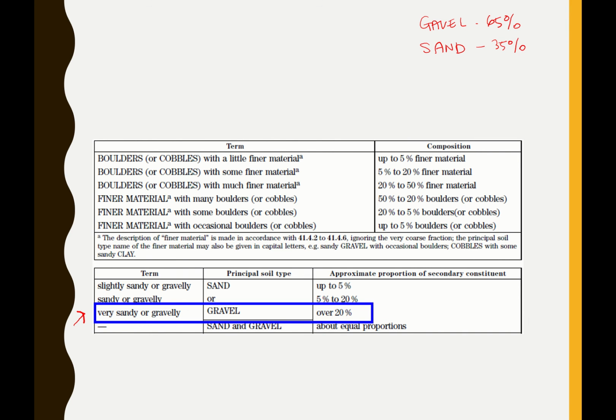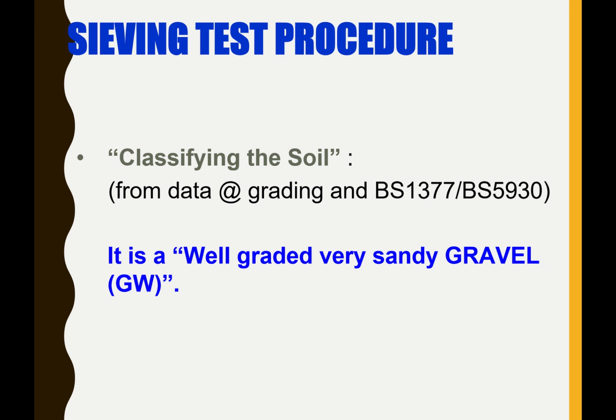This is the secondary of your soil particle. So we have the secondary of sand, now we are using very sandy. In terms of the completion of the name, it is well graded, very sandy gravel.